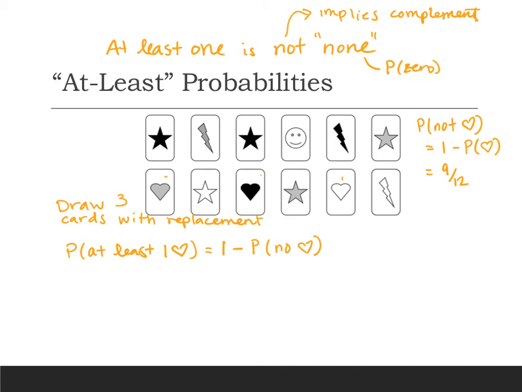And I'm going to keep it as 9 out of 12, even though that would be a 1/4. And so no hearts, that means I have 3 cards that are not hearts. So the probability of 3 not hearts is going to be 9 over 12, cubed. Then I need to subtract from 1. So I'm going to have 1 minus 9 over 12 cubed.